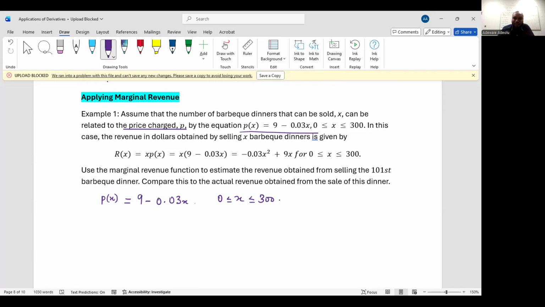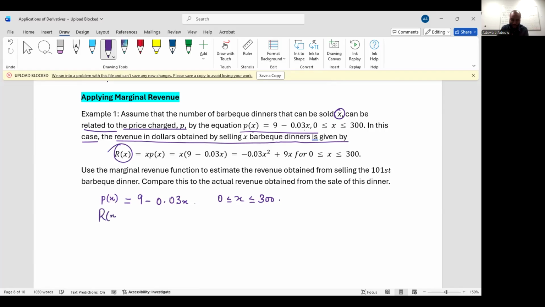Okay, let's go back. Assume that the number of barbecue dinners that can be sold, X, can be related to the price, P, by the equation P of X is this. In this case, the revenue in dollars obtained by selling X barbecue dinners is given by revenue. Remember, how do you calculate revenue?